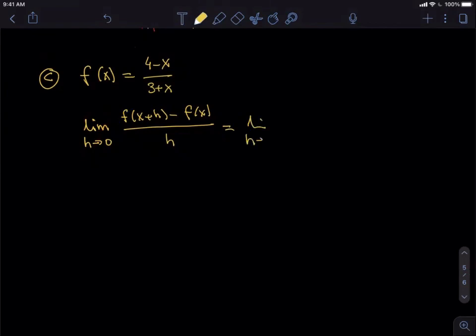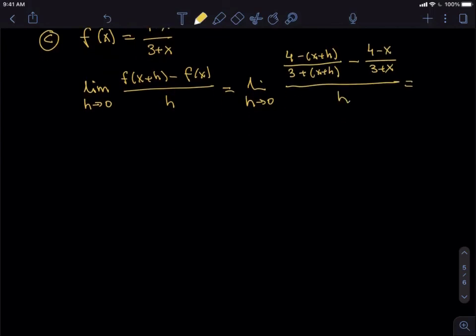Okay, so we need to write the limit every time. So limit h to 0, and then evaluate the function at x plus h. So what we are going to do, where we had x, we are going to plug in parentheses x plus h. Divided by 3 plus x plus h, minus 4 minus x over 3 plus x, divided by h. And here, at this point, the only thing we can do is to simplify.